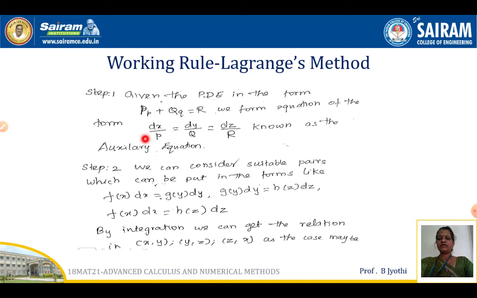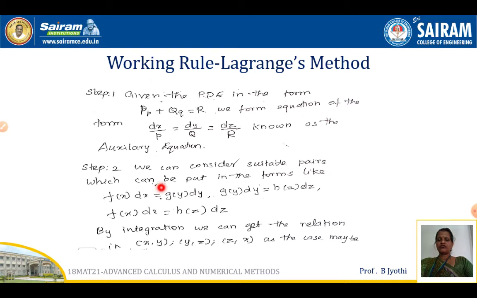We form an equation of the form dx by capital P is equal to dy by capital Q is equal to dz by capital R, which is known as the auxiliary equation, where capital P, Q and R will be functions of x, y, z.